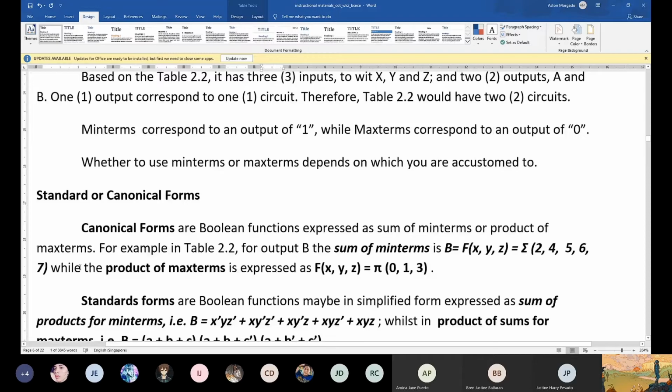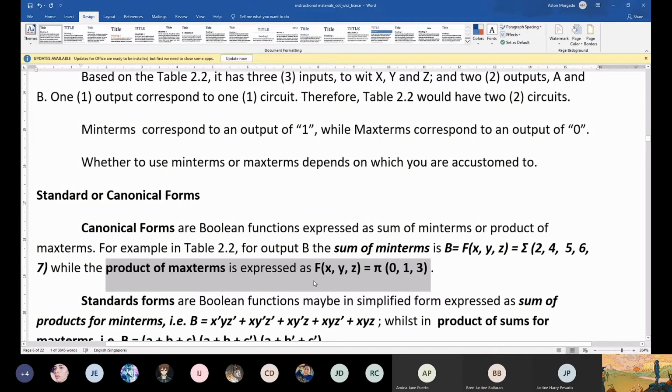While if we're going to express it in terms of maxterms, maxterms correspond to an output of 0. So, a function of xyz is equal to pi of 0, 1, 3. That means maxterms 0, 1, 3 have an output of 0.